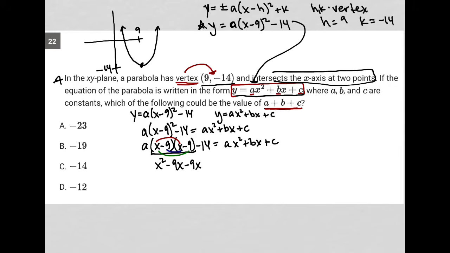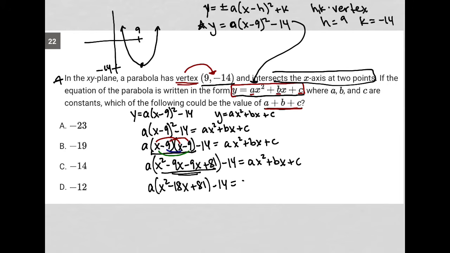And then the L from FOIL would be the two last terms, negative 9 times negative 9, which would be a positive 81. Of course, this is all still in parentheses with the a in front. Bring down my minus 14, and this still all equals ax squared plus bx plus c. I can combine like terms in here because negative 9x minus 9x is negative 18x. So this becomes a(x squared minus 18x plus 81) minus 14 equals this right-hand side.